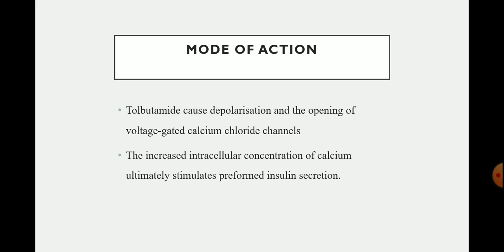The mode of action of tolbutamide: it causes depolarization and the opening of voltage gated calcium channels, and they increase intracellular concentration of calcium, ultimately stimulating preformed insulin secretion. So this is the mode of action of tolbutamide.